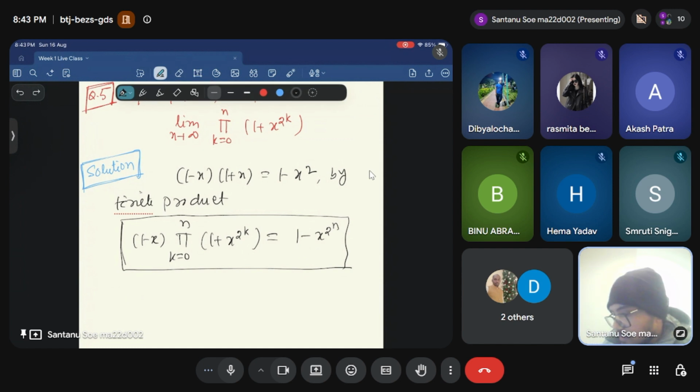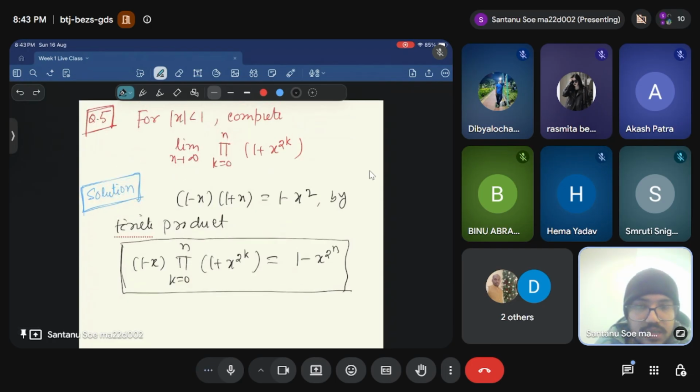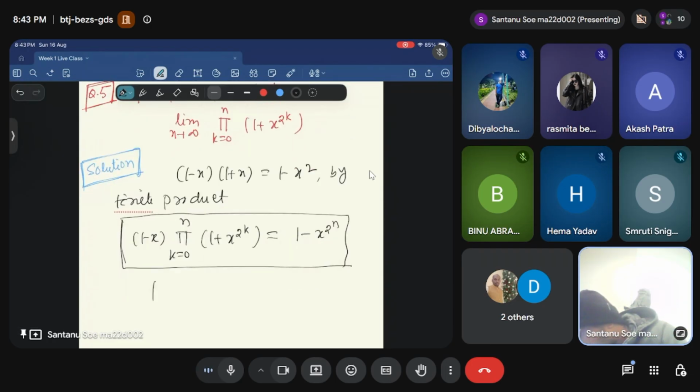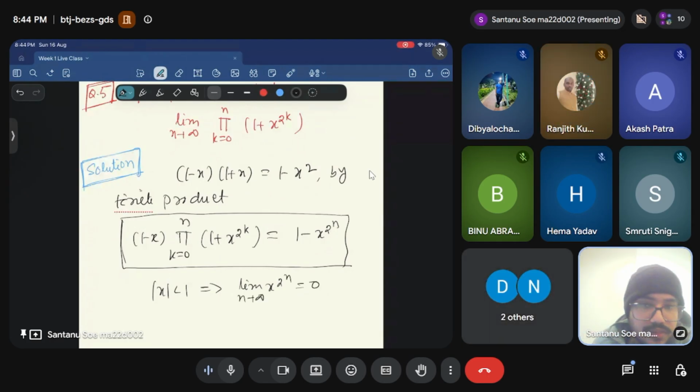If this limit does not exist, then we cannot take the limit on both sides, correct? So first we have to determine that the right side limit exists. Now since modulus of x is less than 1, this will imply that the limit of x to the power 2 to the power n is 0. Okay, this is very standard, right? Kind of a geometric series, right?